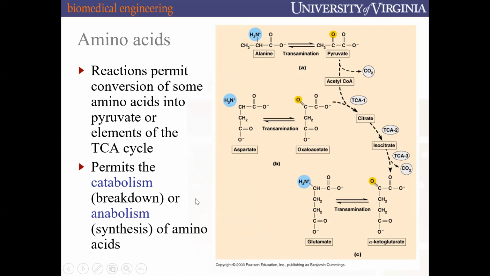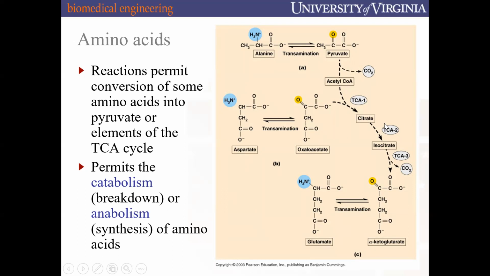And so this second point is reminding you that as we're moving from aspartate to an intermediate like oxaloacetate, we see this catabolic breakdown of the amino acid. However, if you go in the reverse and you have one of these intermediates giving us an aspartate, this again is anabolic, so a buildup or synthesis of the amino acid.